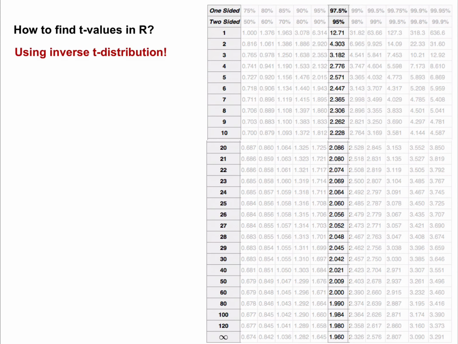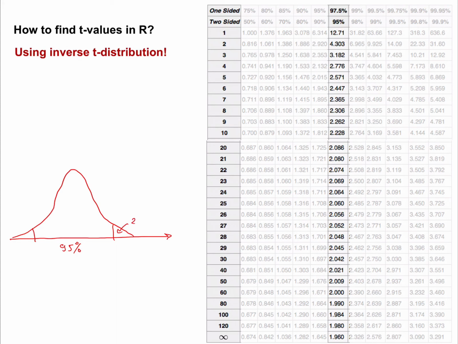Now, how to get these t-values? Of course, you can use these tables with the values, but it's not very efficient. You can use R for that. So I'll quickly remind you of the basic idea. Let's say we have a standardized distribution. This is the distribution. And then you want to have 95% of the values, right? So you need to find these two tails.